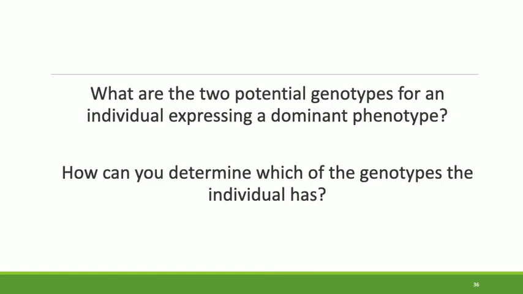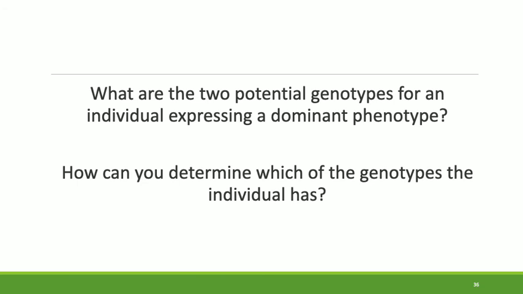A test cross is an experimental technique used to figure out the genotype of something. Because what are the 2 potential genotypes for individuals that have a dominant phenotype? Say you grow peas, you don't know what you're doing, but the pea plants that grew are purple flowered.